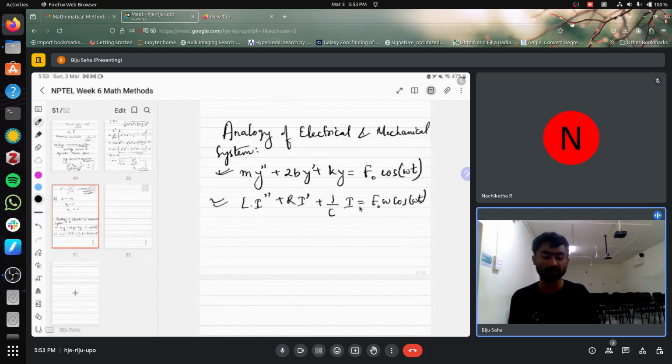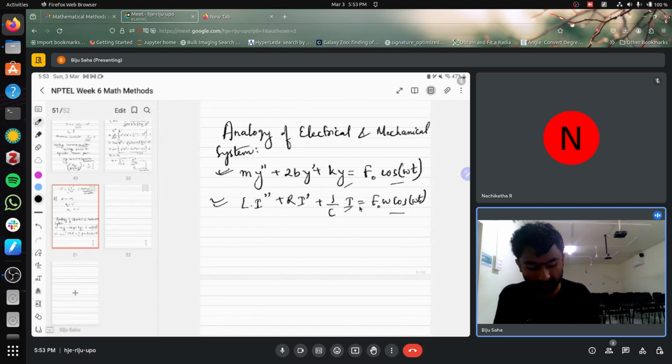There is the second order derivative, the first order derivative, and the term itself, the dependent variable, and the right hand side of both has this driving term, that is, both are sinusoidal in nature. So let us draw an analogy between them.